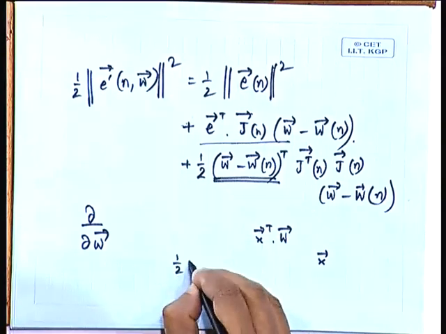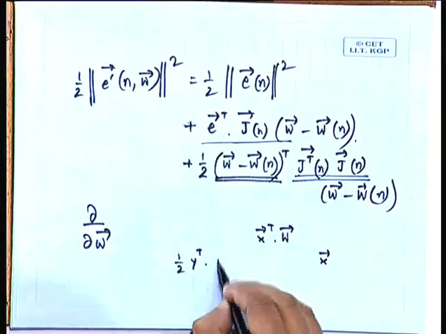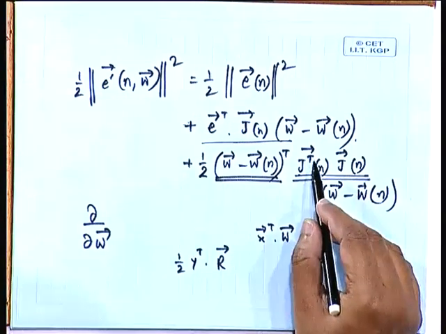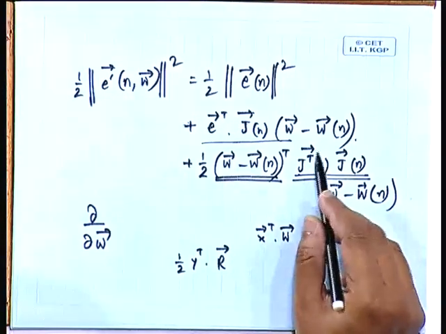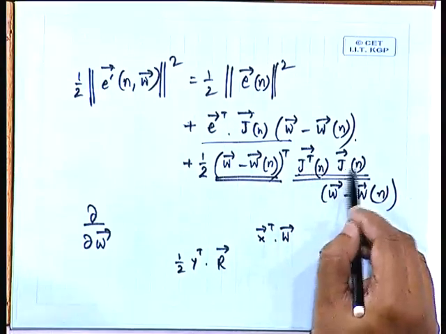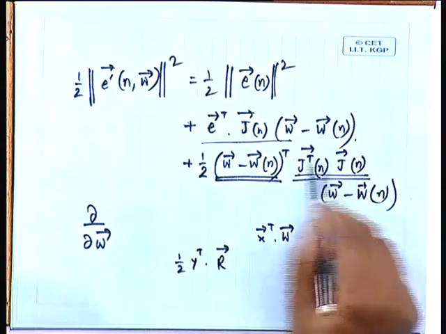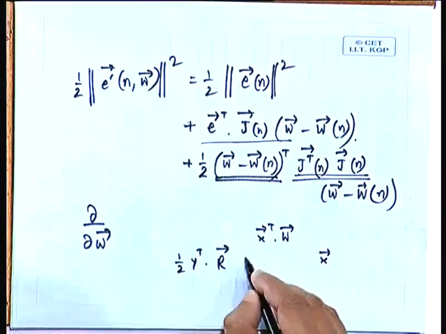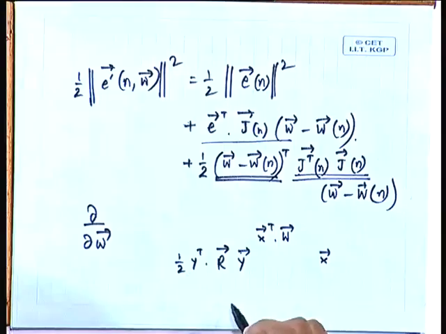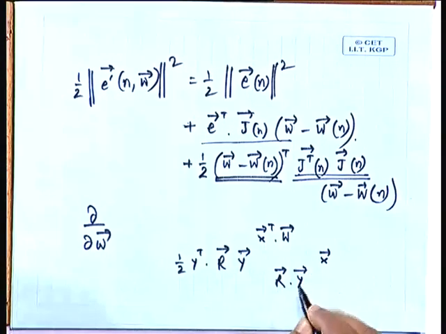So, half of y transpose, and this one we call R. The R matrix, because here this is an m by n matrix, and J n is going to be an n by m matrix, right. So, in effect it is an m by m R matrix that it becomes, and then this becomes y. So, this is a quadratic form of expression for which the derivative is going to be R y.